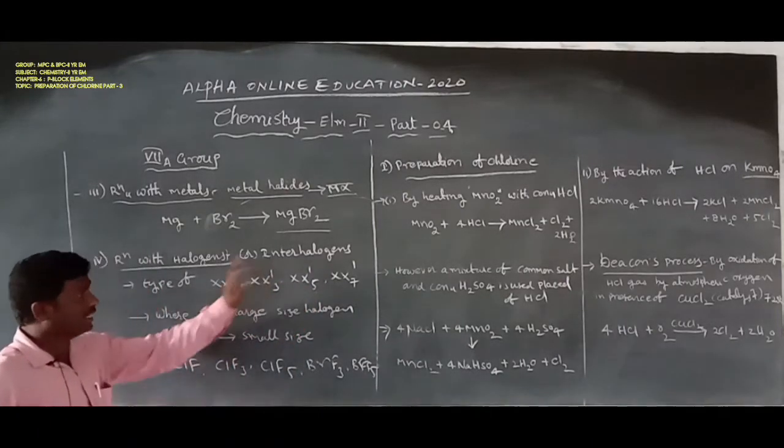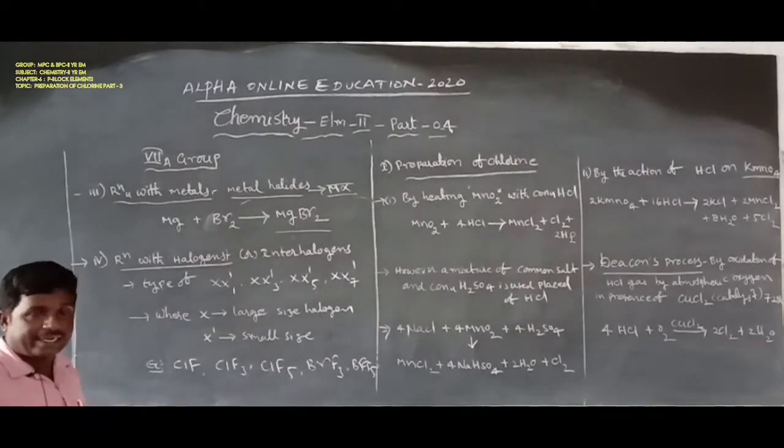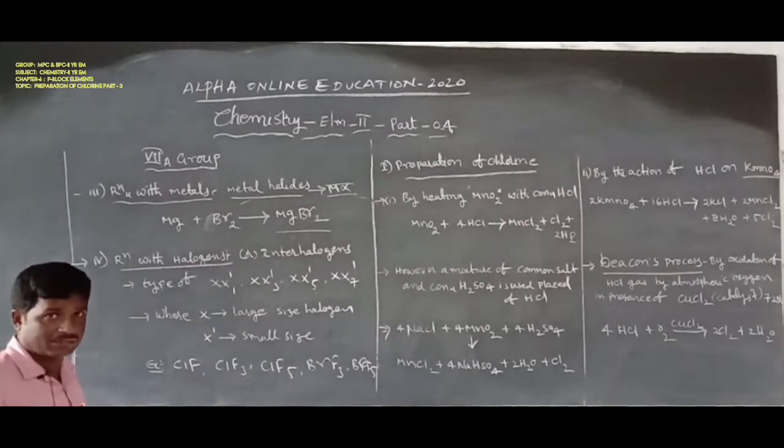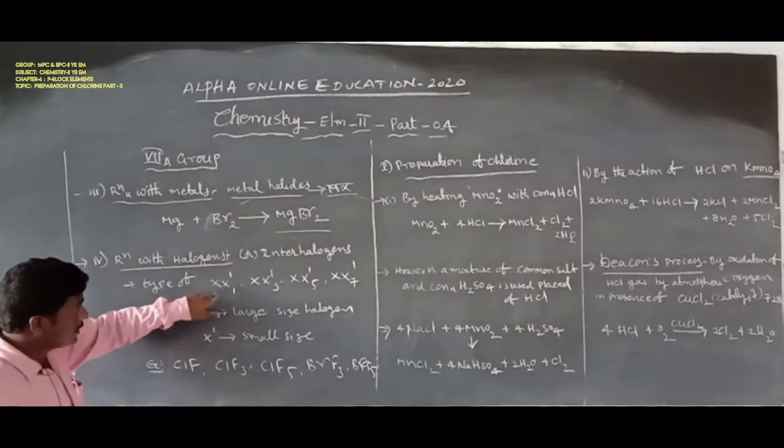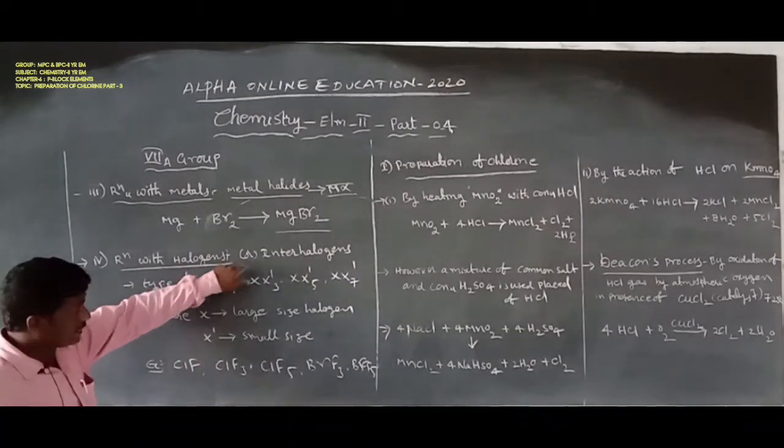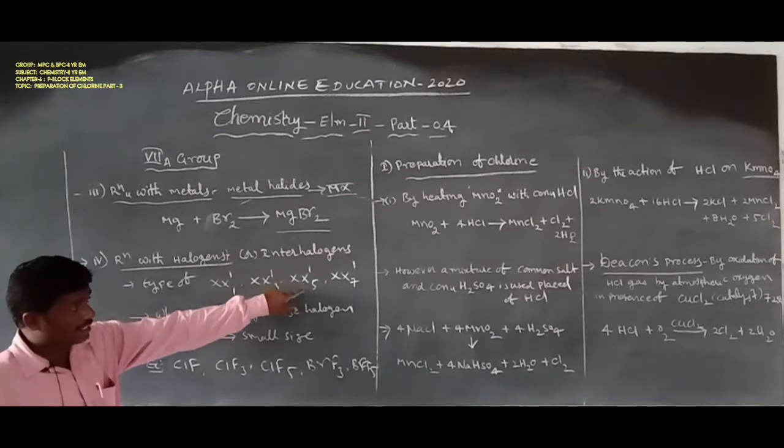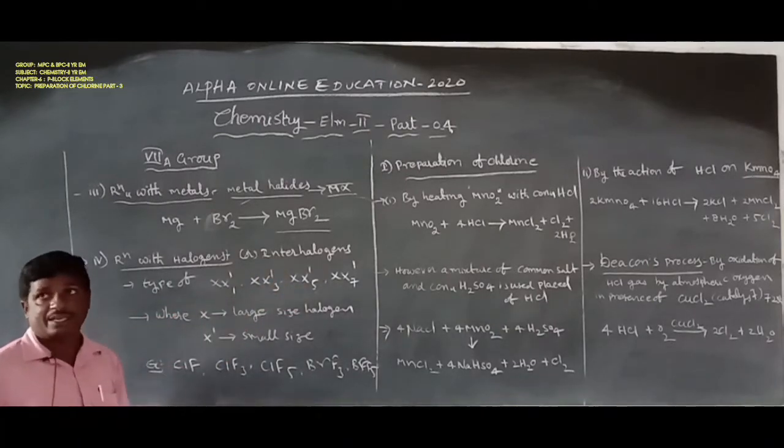That is called an interhalogen. Interhalogens means that one halogen element combines or is treated with another halogen element to form an interhalogen. For example, XX'1, XX'3, XX'5 and XX'7 are known as interhalogens.